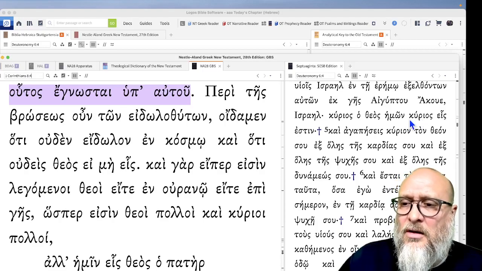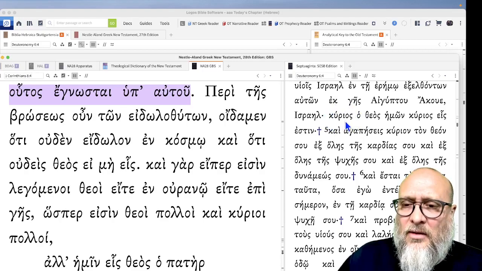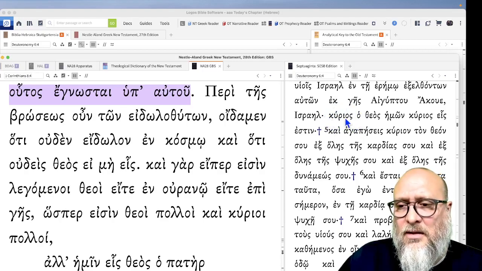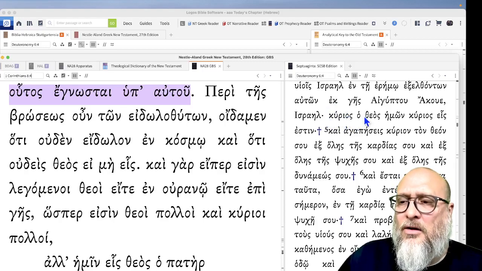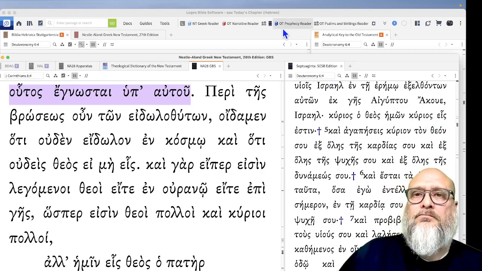So this kurios ho theos hemon, Lord, the God of us, is a little bit jarring, and you think, oh, that's how they're telling me the Tetragrammaton was there. Hear, O Israel, the Lord, our God, the Lord is one.